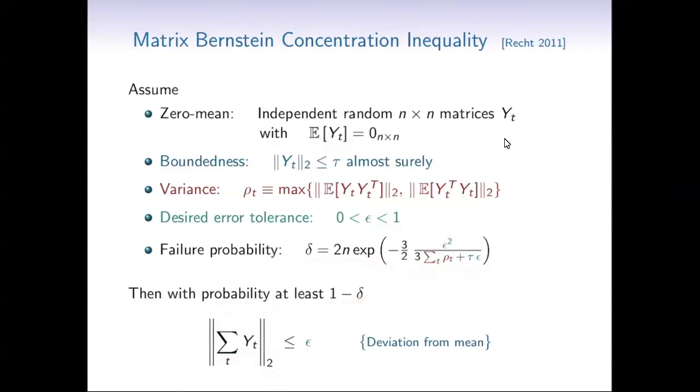What goes into delta? The matrix dimension. So the smaller the dimension of the matrix, the smaller the failure probability. Then the bound on the matrices and the bound on the variance. The smaller these two bounds, the less wiggle room there is, and the smaller the failure probability. And then, of course, the error tolerance. The less demanding you are, the smaller the failure probability.